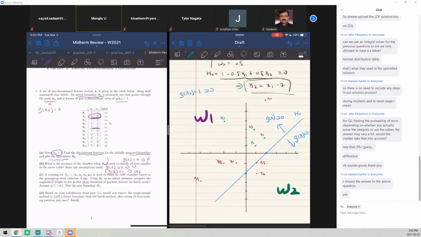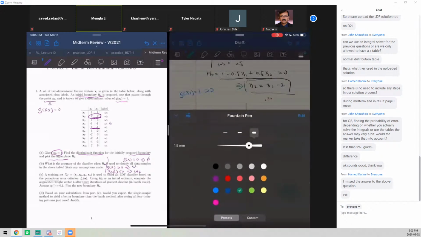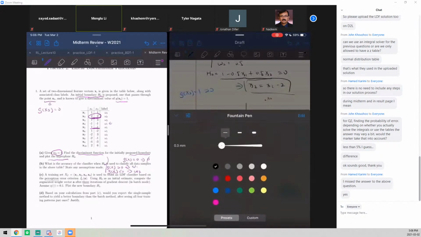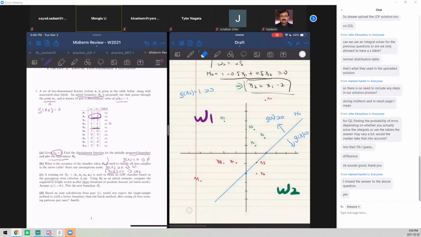So I see the points in red color in the class 1 area are x4, x8, x9, x10.